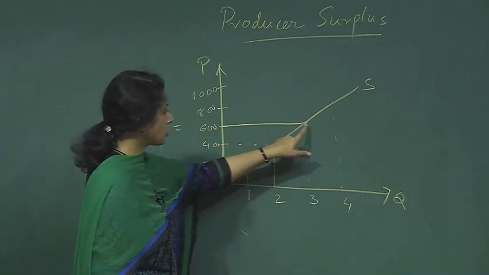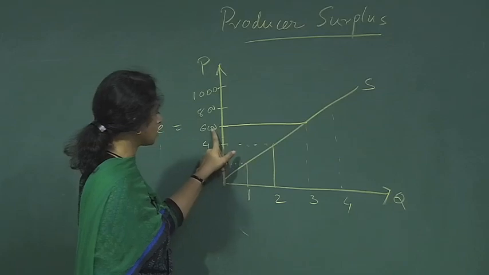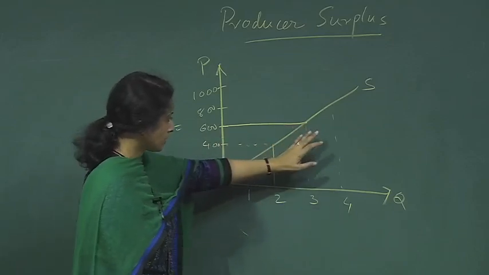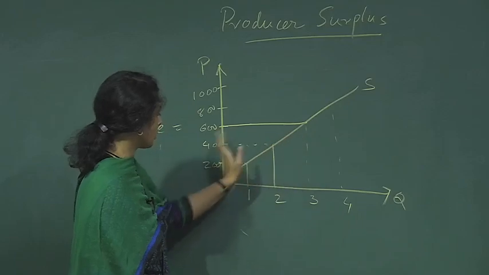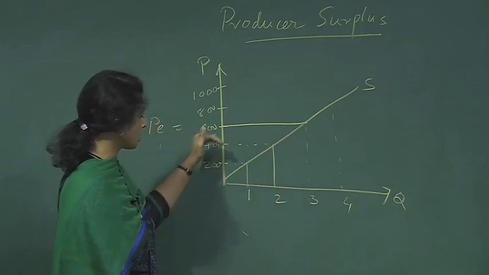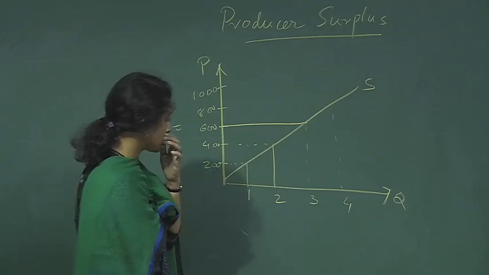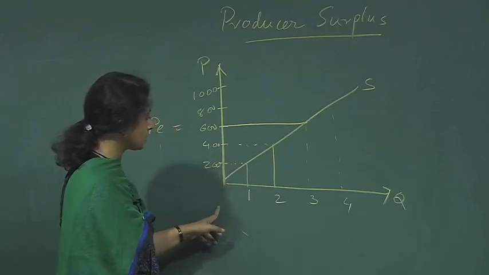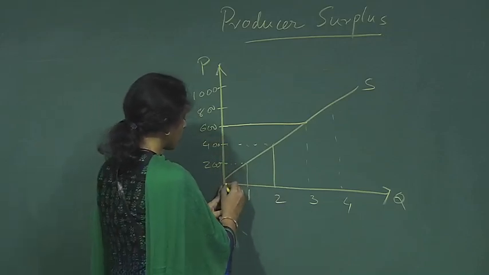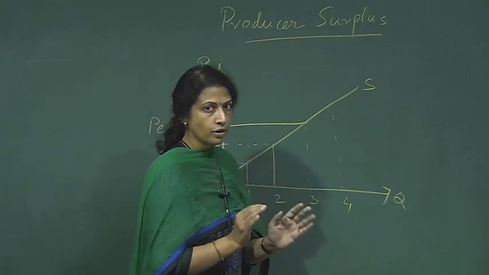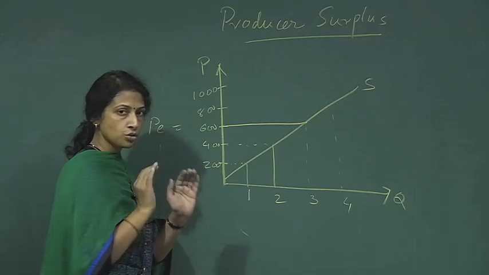For him, this is his cost, and this is the price that he is getting. So he is fine with it. He sells the product in the market, his price is equal to his willingness to sell. But every other seller in the market, for whom the willingness to sell, sorry, not willingness to pay, it's willingness to sell.